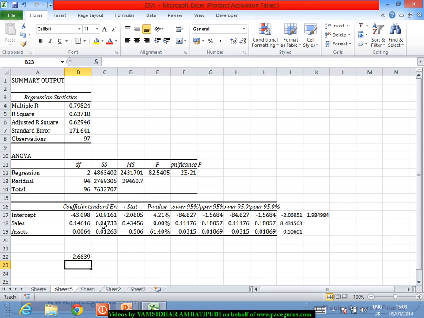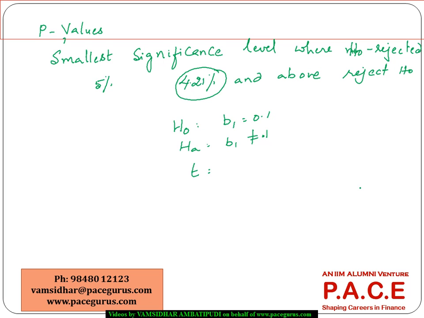This 2.66 is also outside the 1.98 limit. So at 95% confidence level or at 5% significance level, I can even reject this null hypothesis of B1 equal to 0.1. I can very well make a statement that B1 is not equal to 0.1, though we have a value of 0.146.